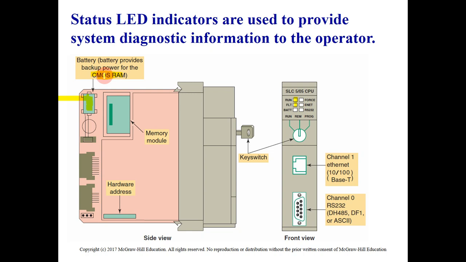Usually our laptops or PCs have this type of battery. Even if you close or switch off your laptop, the clock, the time and the date are still correct, because there is a battery for the CMOS RAM which keeps the date and time updated without stop.